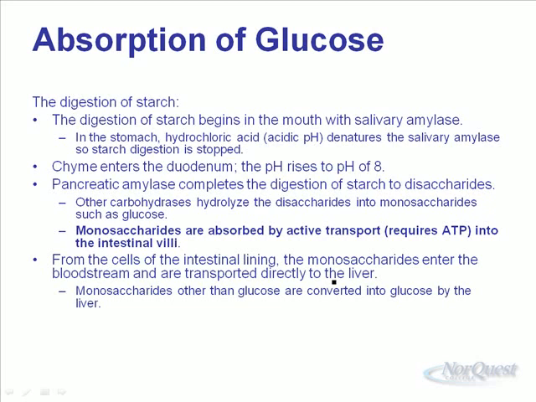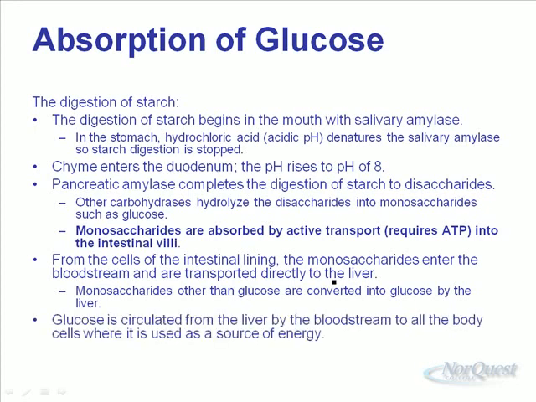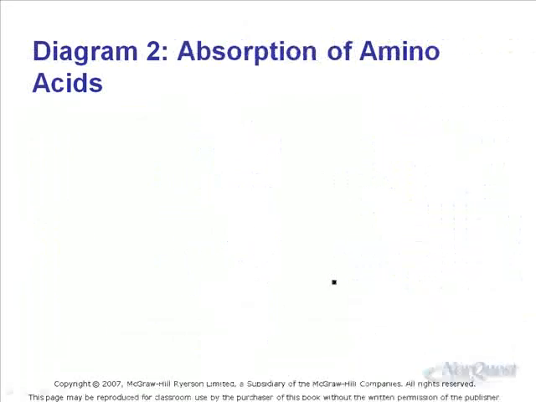They enter the bloodstream. They're transported directly to our liver, and our liver is going to convert all the monosaccharides that aren't glucose into glucose, because glucose is a version of sugar that we use to get things done. So if we're eating something that's not a glucose shape, it's going to be converted to a glucose shape, and then it can go out to all of our body cells. That's our source of energy.